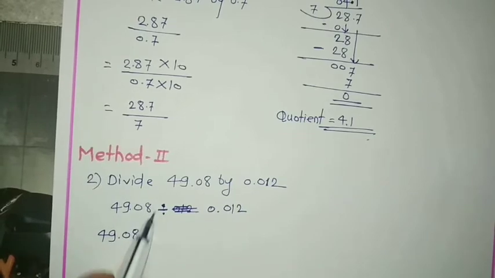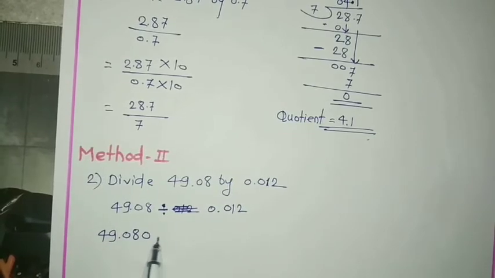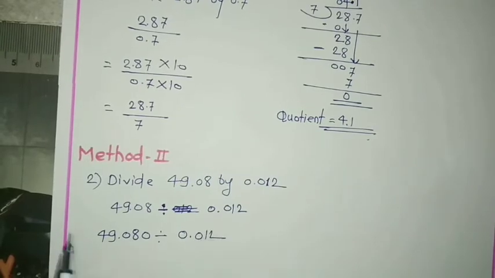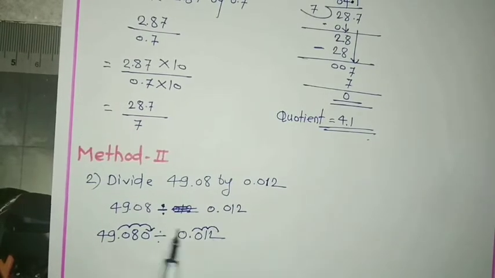So I move this decimal point. 49.080 divided by 0.012. I move this decimal point 3 places, and here I also move this decimal point 3 places.